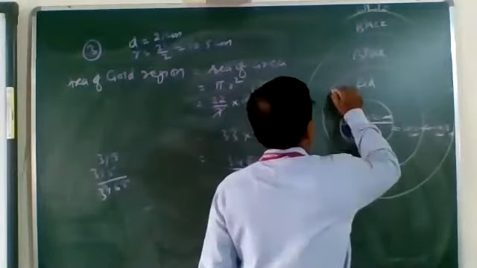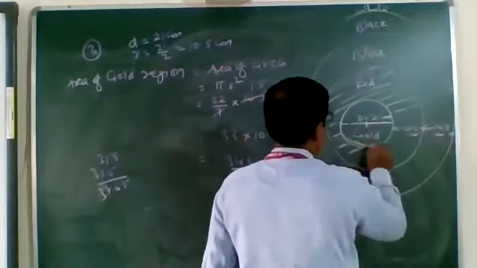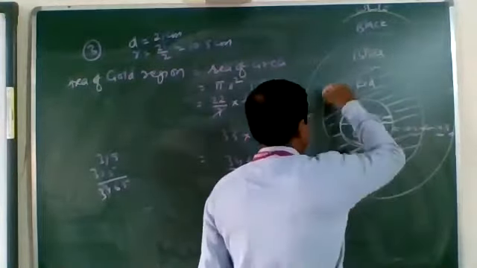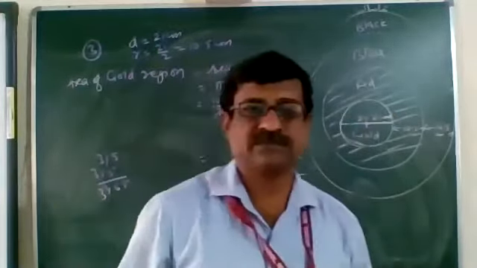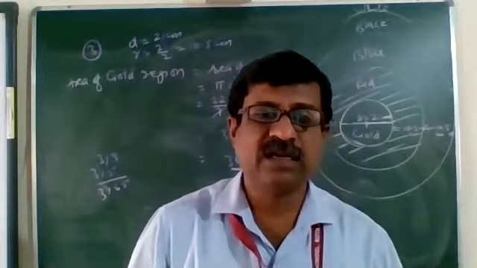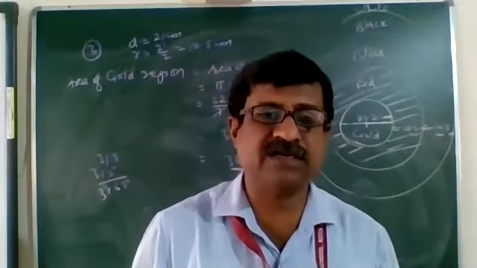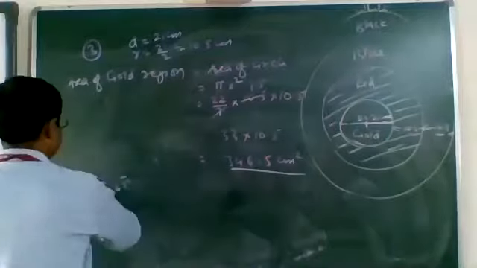The area of this ring, which is red in color, will be equal to the area of the second circle minus the area of the smaller circle. Because the smaller circle is gold in color, from the bigger circle we have to subtract the smaller circle.